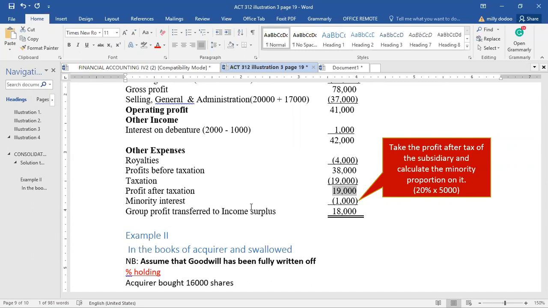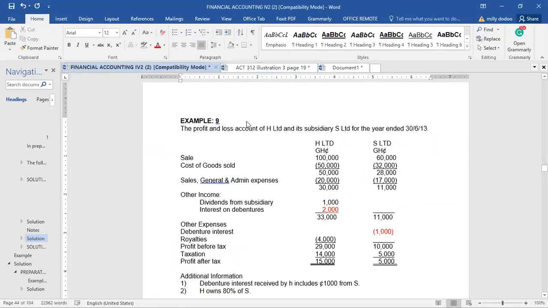20% in S company. So what is the proportion of minority in S? In an attempt to find the minority proportion over here, you take the minority percentage holding. In this case, it is 20%. You go to the subsidiary's account.